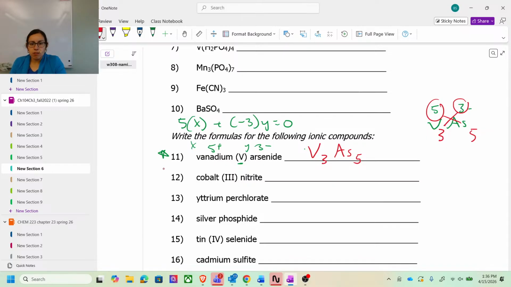Mm-hmm. So yeah, and right, we could kind of rewrite this visually. Is what we're saying is okay. We have 3 vanadiums hanging out that are at a 5 plus oxidation state, then, right? Versus 5 arsenics that are 3 minus, and then is that neutral?